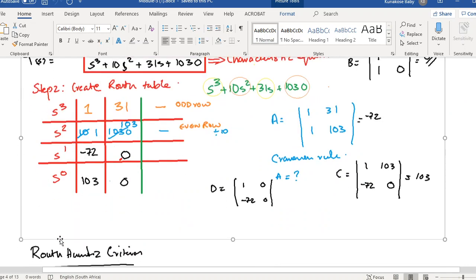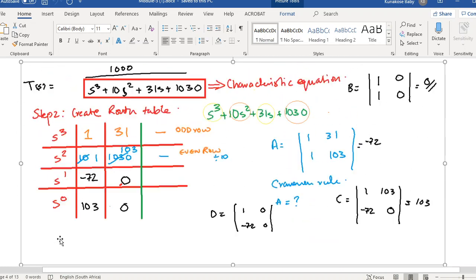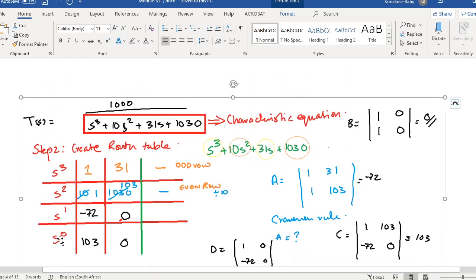Now the third step is what is called populating the Routh table. What happens here is that you write them alternately. On the s cubed row, you write all the odd coefficients. The odd coefficients are the coefficients of s cubed and s in this case.